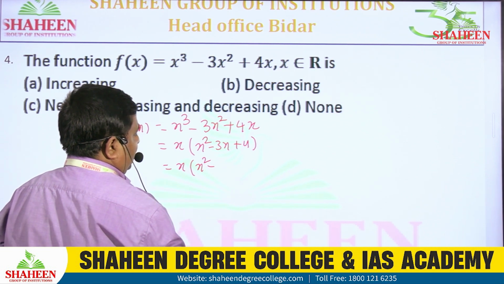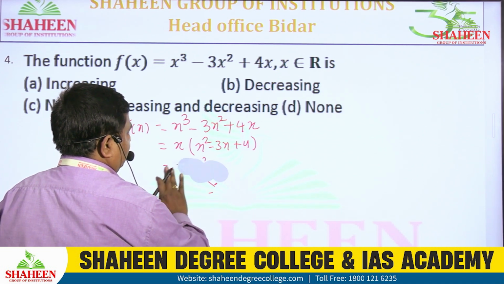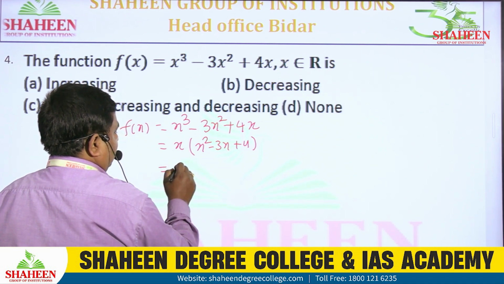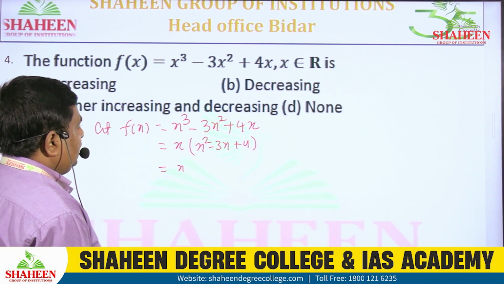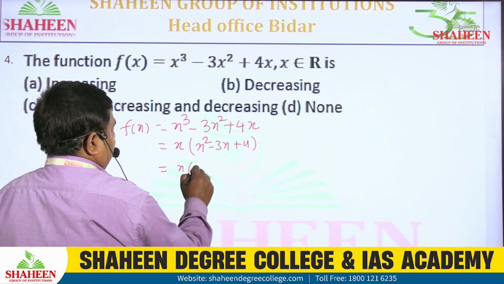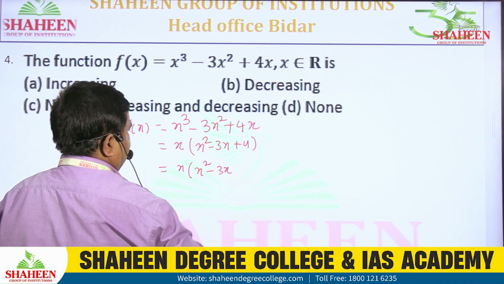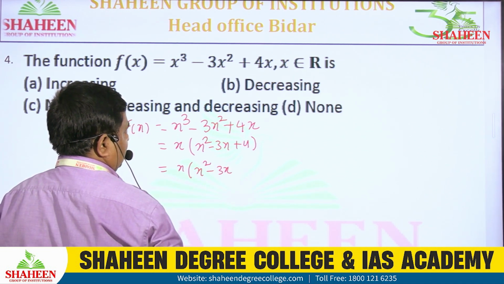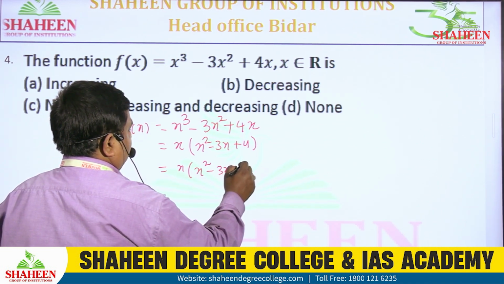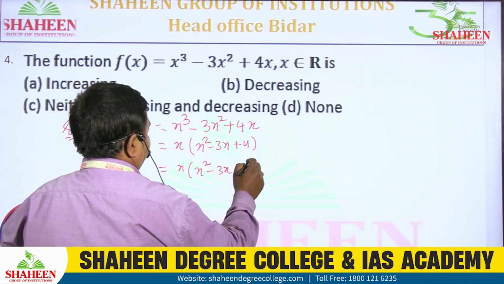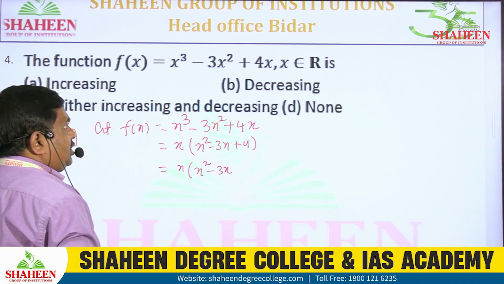On factorizing this, we will get... can we factorize this? x square minus 3x throughout its domain.